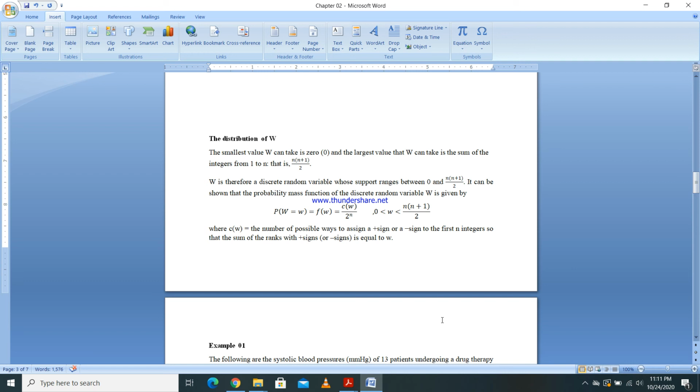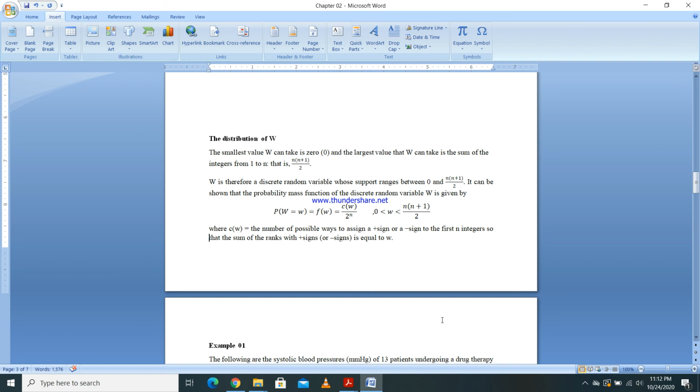It's actually a special one, because when it comes to W, we all the time refer to the rank values of the positive differences. We are always giving a rank to each and every observation. So in that case, the minimum value W can take is 0.